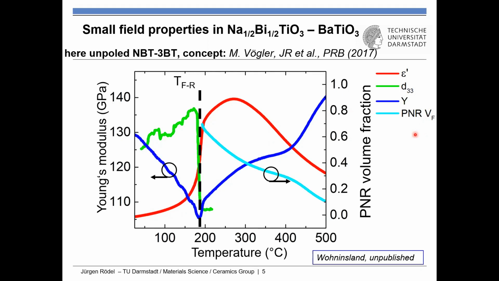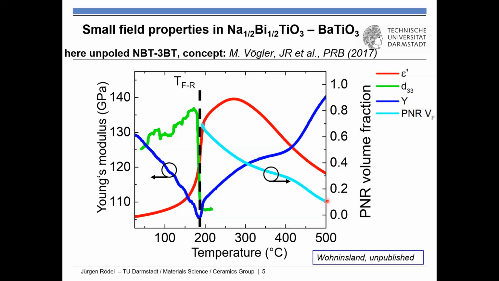And this is the volume fraction of polar nanoregions. At this transition temperature, it's about 70%. And then it falls off like that. At 500 degrees C, it's still 10%. So I claim that this is a simple, non-destructive measure to determine the volume of polar nanoregions.